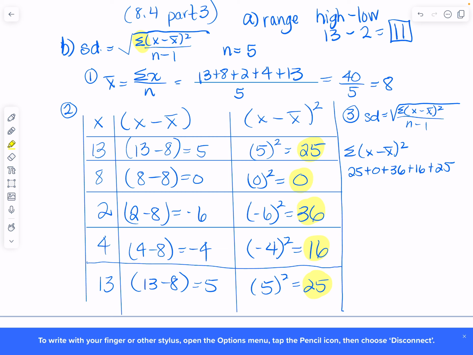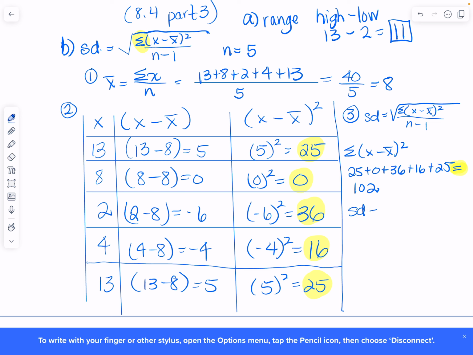Okay, again, I'm putting this in my calculator, so I get 25 plus 0 plus 36 plus 16 plus 25. And I'm just making sure that I have all those numbers correct, because I think I stated before in the last video, it's really easy to make a mistake with these. So I would highly recommend checking as you go through it. So just double check everything.